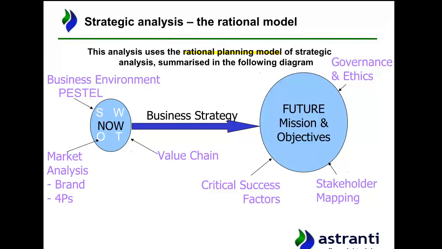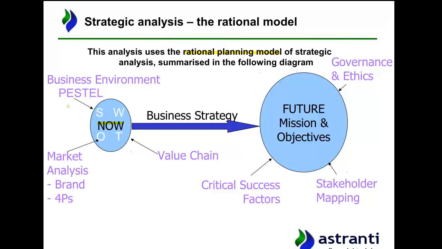The basic idea is, if we start here on the left-hand side, we have this circle and some information around it. But the key thing to understanding this is that it says now. The whole idea is to get an understanding of where the business currently is, what it is like in its current form in the modern day.